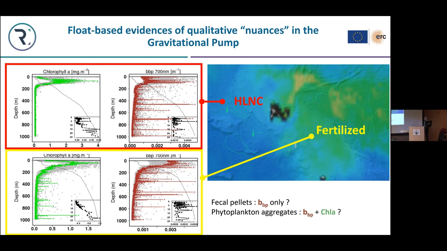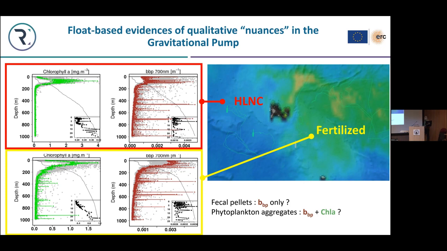This is the corresponding profile for the backscattering. Here we are in HNLC waters during a bloom period on the western side of the Kerguelen Plateau. You can see that we have some spikes, the markers of large particles, only associated with the backscattering coefficient and not with the fluorescence.